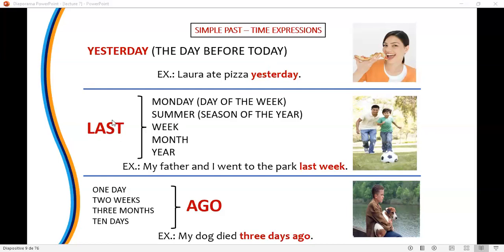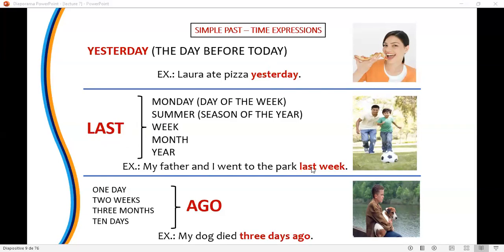Now, last. Examples: last Monday, last summer, last week, last month, and last year. An example: my father and I went to the park last week.